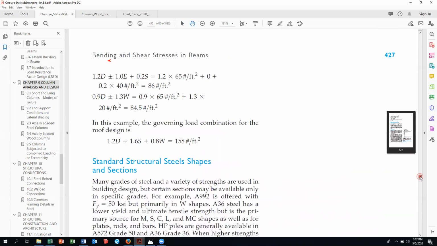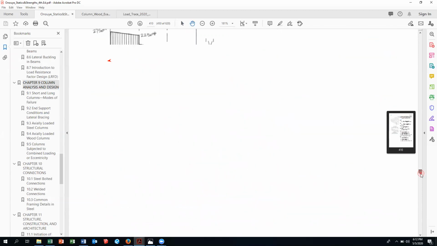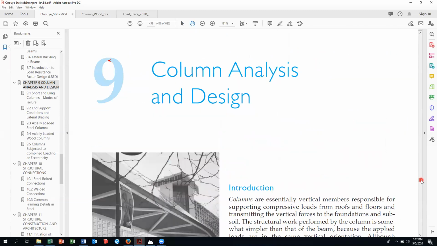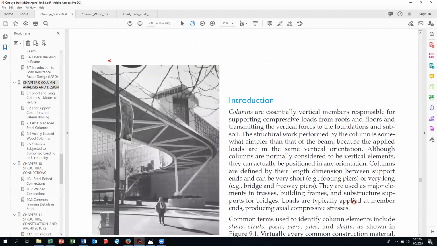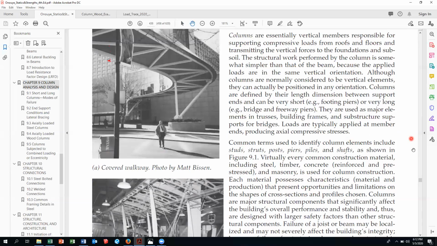Page 438, sorry. Oh boy, it's going to be a long day. Okay, common terms used to identify column elements: studs, struts, posts, piers, piles, and shafts. Sounds like Dan Aykroyd on the Bassomatic. Okay, so you can imagine all the different types of materials: steel, timber, concrete, masonry, used for column construction.